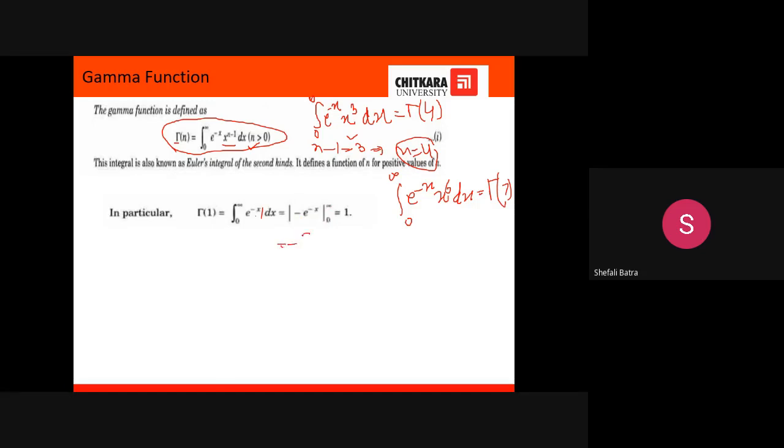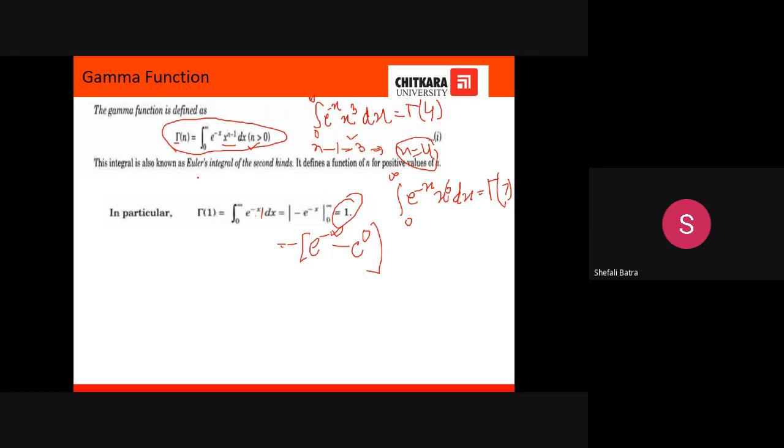So it is minus e raised to power minus infinity minus e raised to power 0. e raised to power minus infinity is 0, minus minus plus, e power 0 is 1. So ultimately gamma 1 is equal to 1. Similarly, you can find your gamma 2 by putting n is equal to 2 and so on.